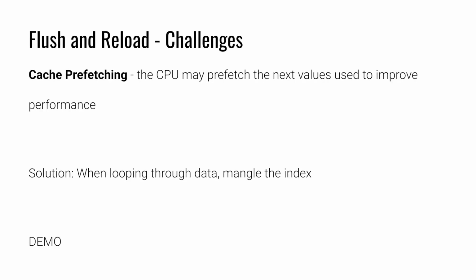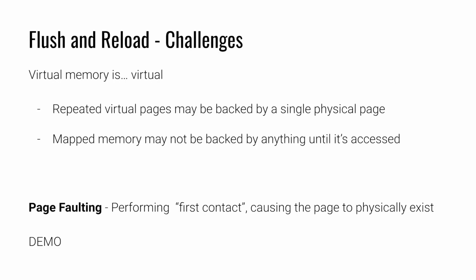So what other challenges exist if we're going to try and perform this flush and reload attack? Well, in addition to prefetching in the CPU, we also have to deal with the realities of physical memory. Because remember, when we're trying to do this microarchitecture exploitation, what we care about is what is occurring in the actual hardware more often than not.